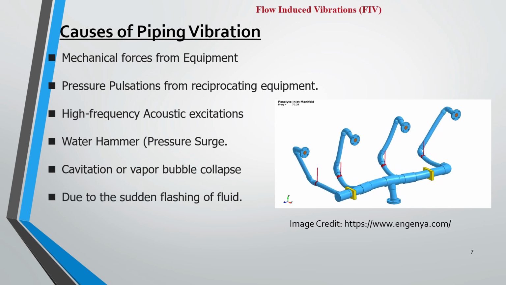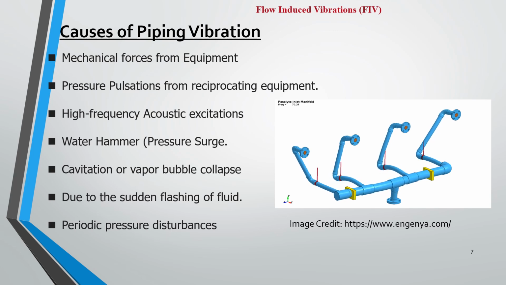Then sudden flashing of liquid: inside the system, if sudden flashing of fluid happens, that also may raise the piping vibration limits. Then periodic pressure disturbances during flow past the dead end of a branch connection or instrument item.